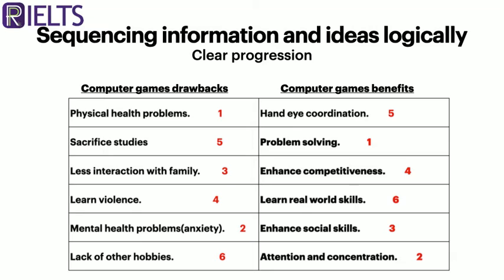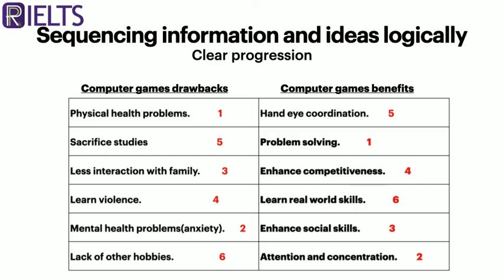Similarly, on the benefits side, firstly, I thought of writing the benefits which are related to the mind and psyche. I thought that I will write problem solving and attention and concentration together because these are related to the mind. Then there were 2 points like enhance social skills and enhance competitiveness.